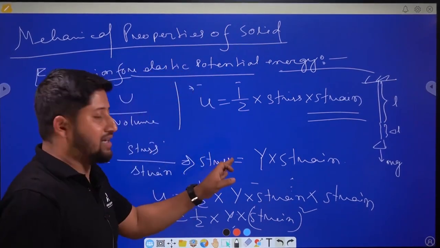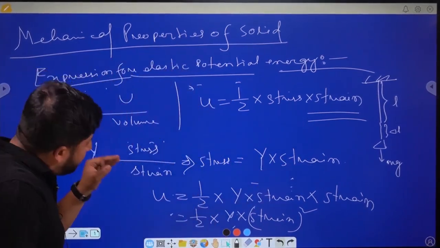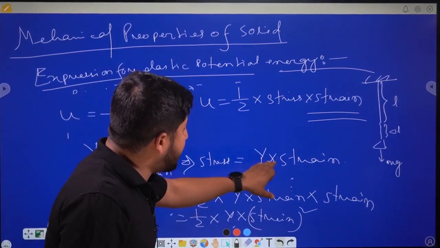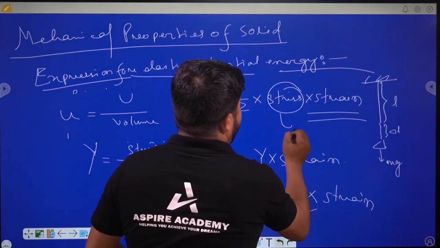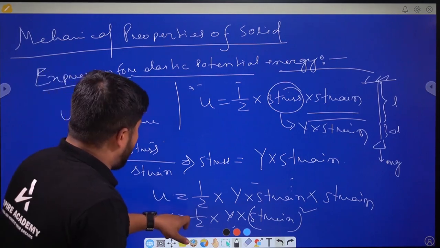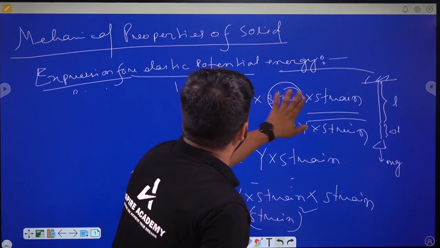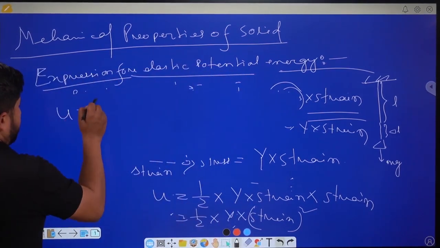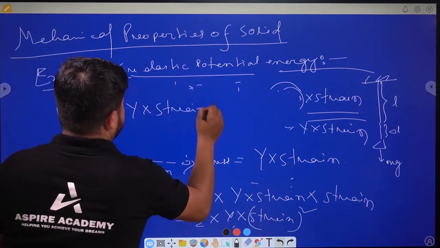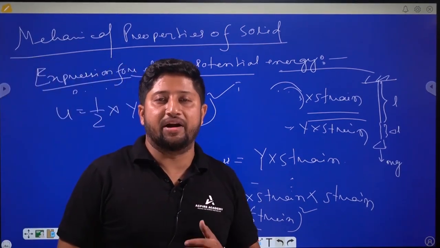If we apply Y into strain in place of stress, what will happen? This is the equation: half into Y into strain square. So the new expression is U equal to half into Y into strain square. This is another expression for elastic potential energy per unit volume.